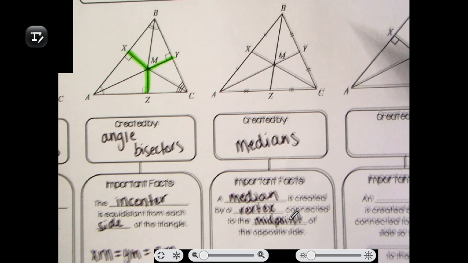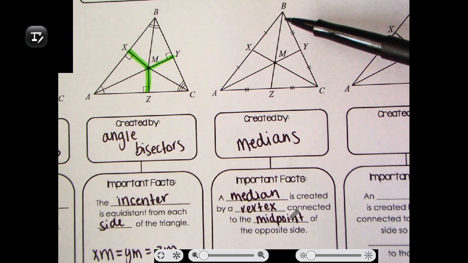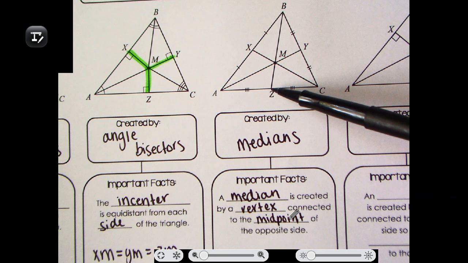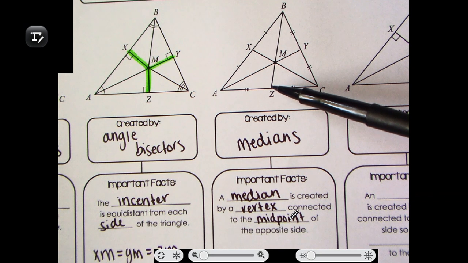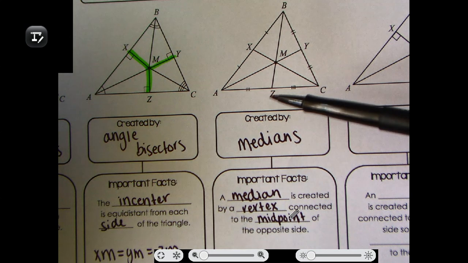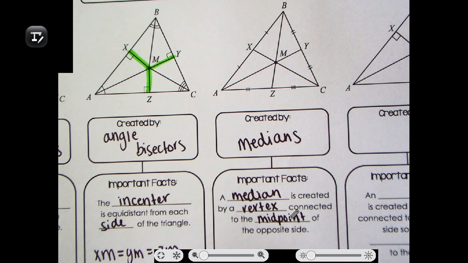This was the last one of the ones that we looked at. So a median goes from the vertex all the way to the other side and it hits the midpoint. So it also does cut that side in half. Okay, so it is like a bisector when you're comparing to a perpendicular bisector.